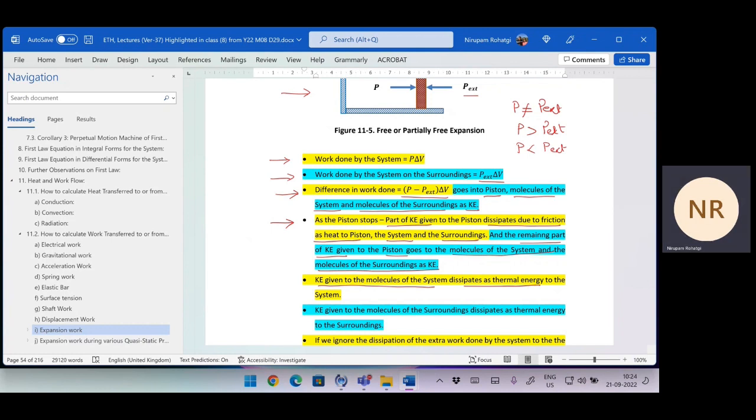Suppose your fan is moving there, it is rotating the air, it gives the air kinetic energy, but after some time what happens? That kinetic energy gets dissipated as thermal energy into the air itself. So whatever kinetic energy the molecules have gets distributed because of collisions between them within the system and in the surrounding.